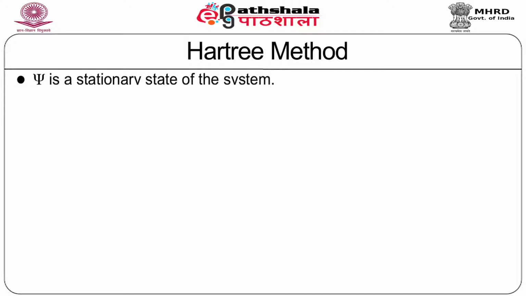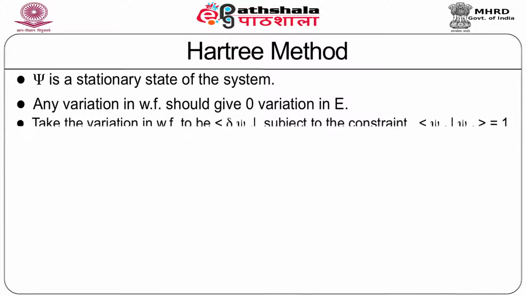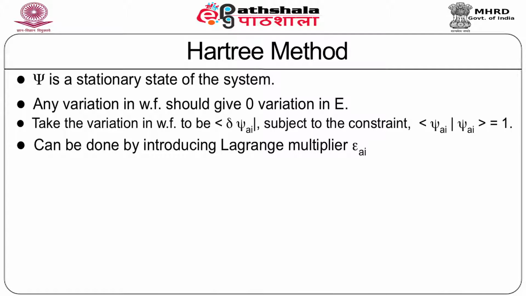We need to remember the wave function psi is a stationary state of the system. Any variation in the wave function should give zero variation in energy. Take the variation in the wave function to be given by delta psi_i, for example, together with the constraint of the orthonormality of the wave function as is shown here.